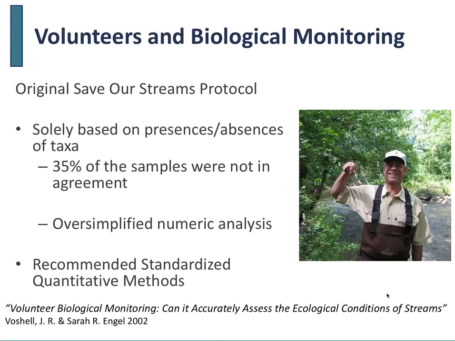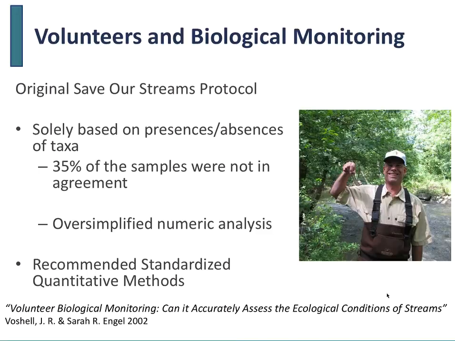And you'll see at the bottom of the slide a study that I referenced in 2002, but this was a game changer for us in the sense that they looked at if biological volunteer monitoring can accurately assess the conditions of the streams. And they used the original Save Our Streams protocol, which was just solely based on if there was a presence or absence of a macroinvertebrate, of a taxa.